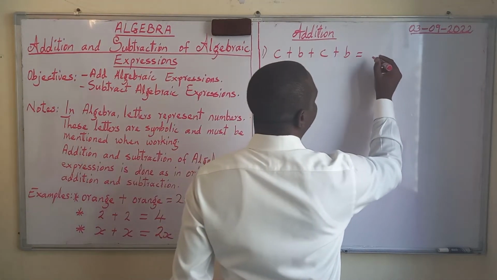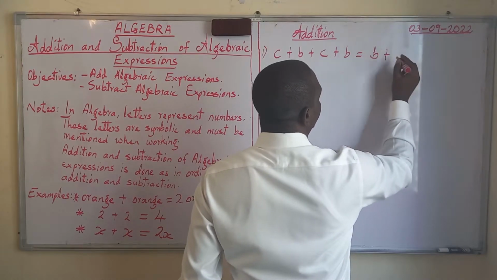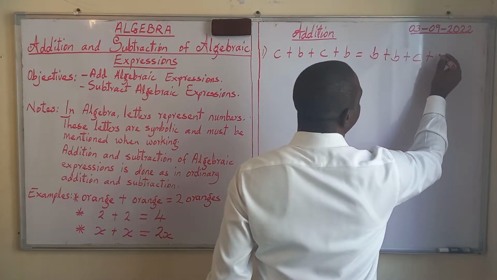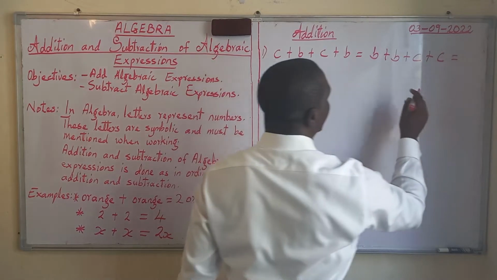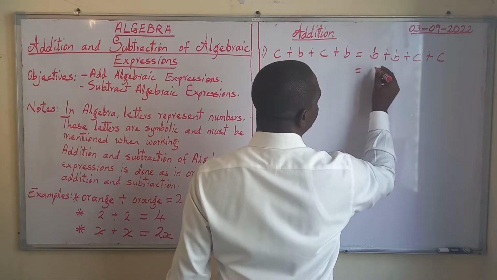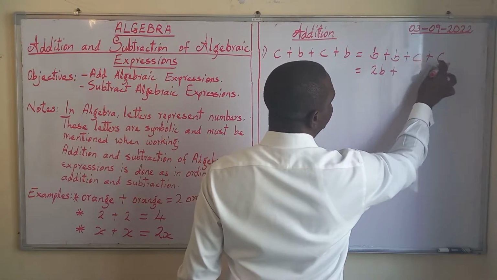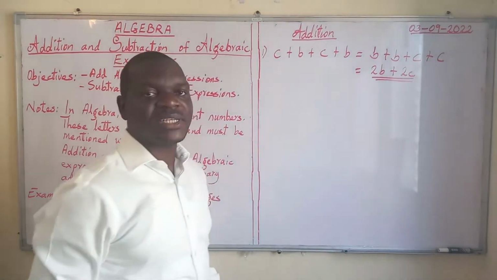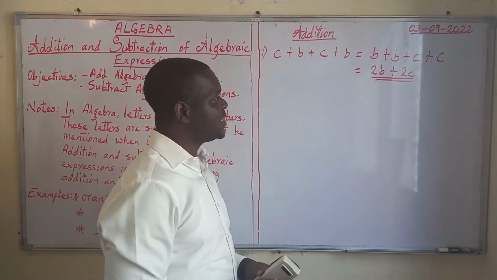We can start with B plus B plus C plus C. B plus B is equal to 2B, plus C plus C, which is going to give us 2C. As simple as that. So that's the first example.